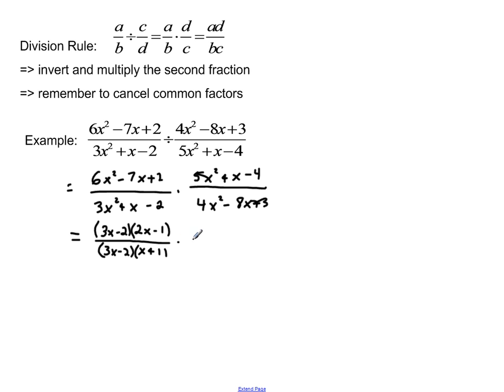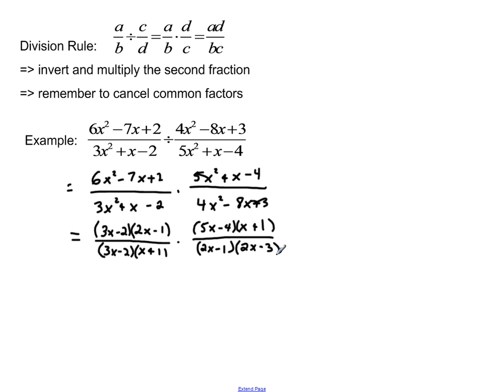In my second fraction, I got a numerator that had in it 5x minus 4 times the quantity x plus 1. And in my denominator, I got 2x minus 1 times 2x minus 3.